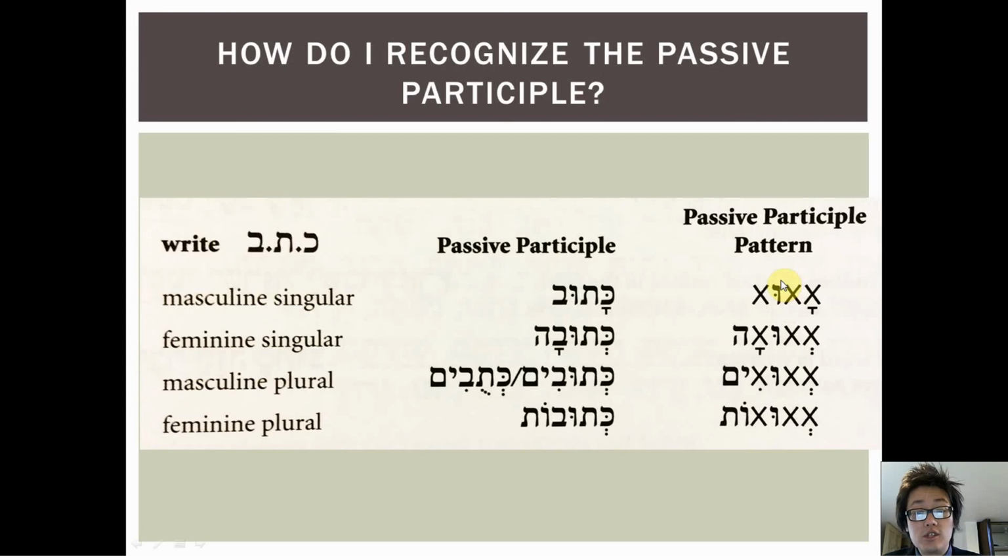It is the oo sound. So, for instance, we have katuv, a thing is written. That's the masculine singular, and so on and so forth. Again, the endings are more or less identical to the endings that you know from nouns. But again, the key to recognizing the passive participle is the oo sound, the shurek, between the second and third radicals.